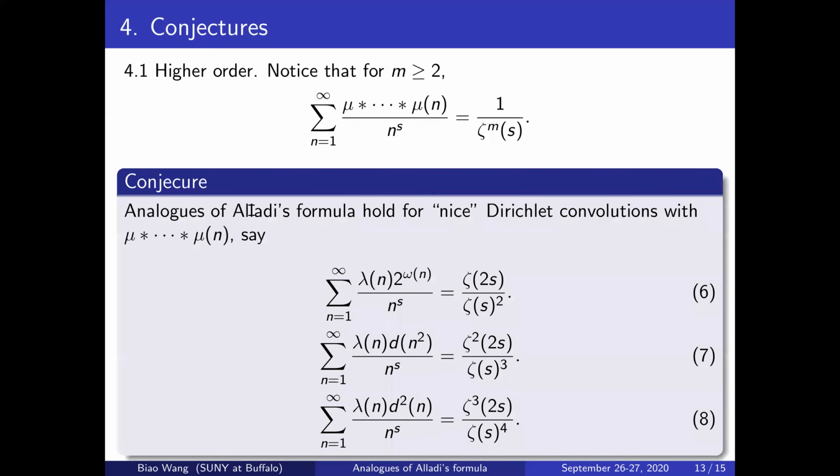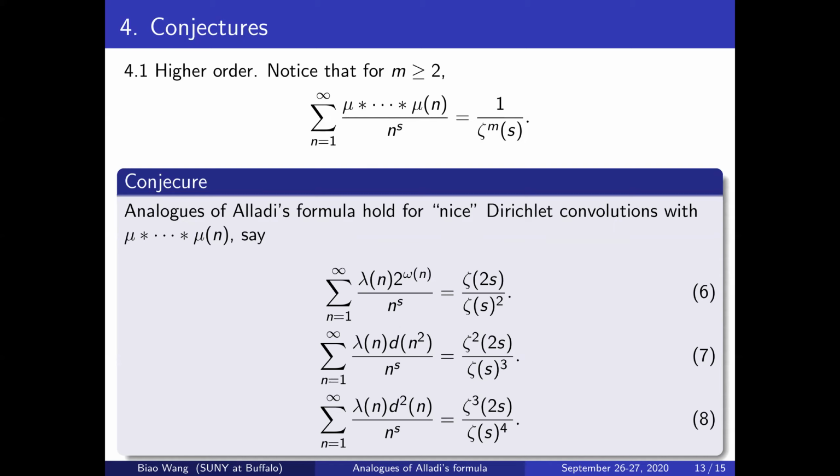Then we conjecture that Alladi's formula should also hold for those functions which are related to the m-fold convolution of the Möbius function. And the point is that in this case m is greater than or equal to 2. In the previous case, m is 1.